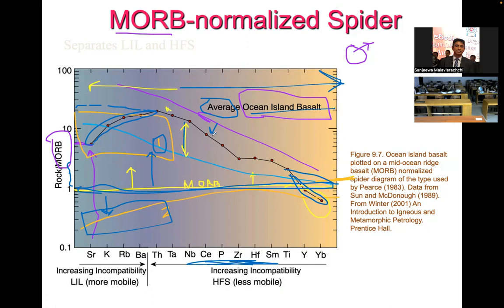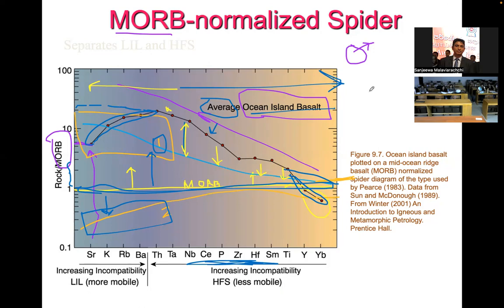So if you compare this average ocean island basalt composition, you can see your rock number one is depleted compared to the ocean island basalt composition, right? So that means presently it does not represent the real characteristic of an ocean island basalt composition, but it may be an ocean island basalt that later interacted with a mid-ocean ridge basalt, right?